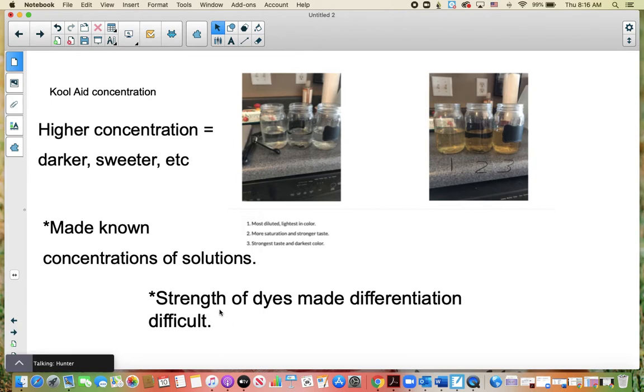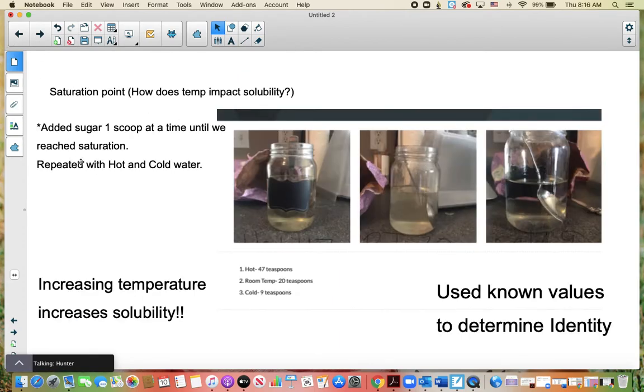But one thing I wanted to point out, we did make known concentrations, but the strengths of our dyes made differentiation difficult this year. So the results weren't quite as dramatic as they are in this picture or as what I've seen in years past, and we've talked about why that might be. So saturation point, remember, it was the second Kool-Aid lab we did.